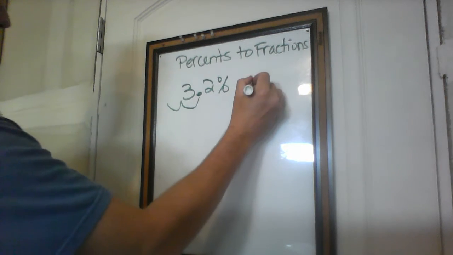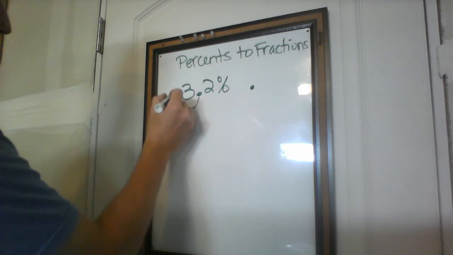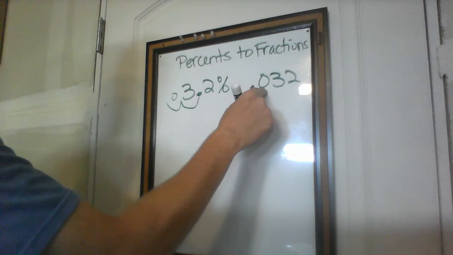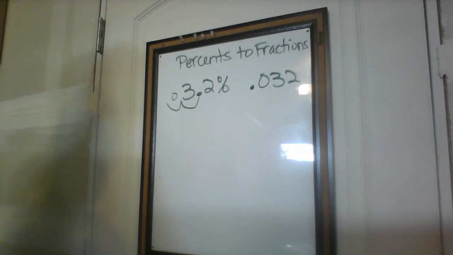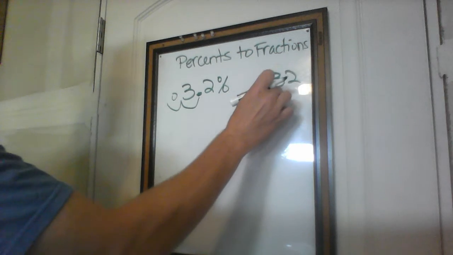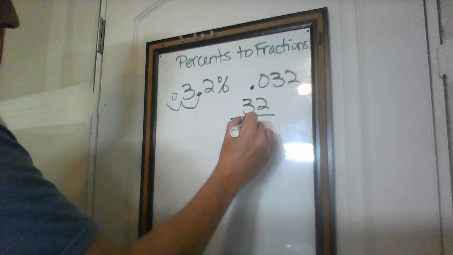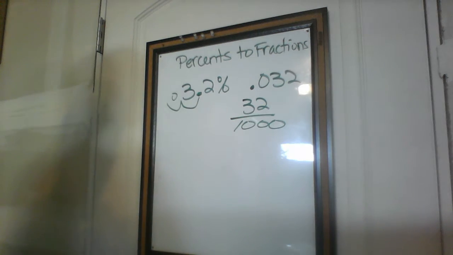So if we write our decimal number, we're going to have our decimal, fill in that 0. So we're going to have decimal 0, 3, 2. Again, know your place values. Tenths, hundredths, thousandths. We're going to have 32 thousandths.